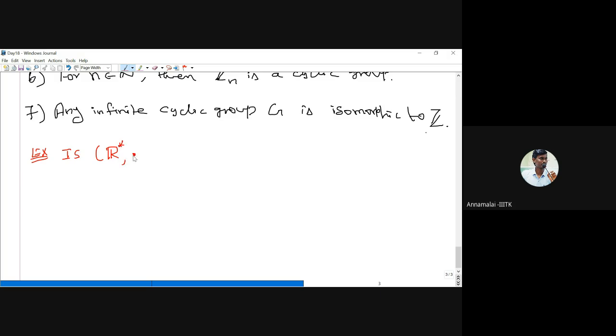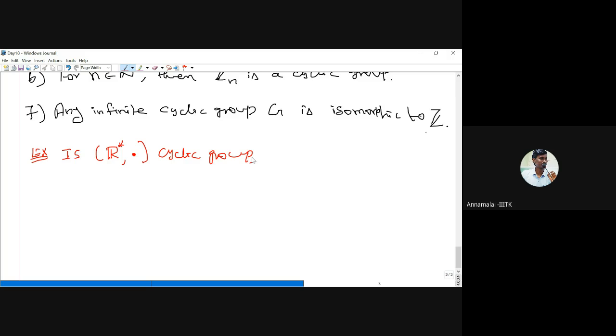Then this forms a group with respect to multiplication, because 1 is the identity element. If you take any two non-zero real numbers, the product is also a non-zero real number. All the properties are satisfied. It is a group, but we have to check whether it is cyclic or not. Suppose it is cyclic, then what do you know? What is the cardinality of this R star?